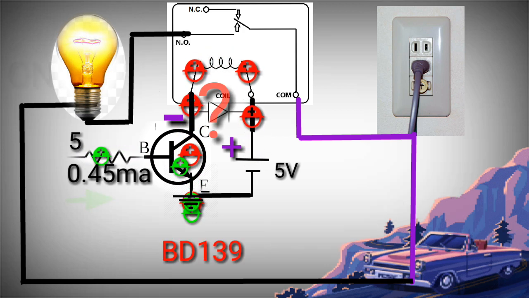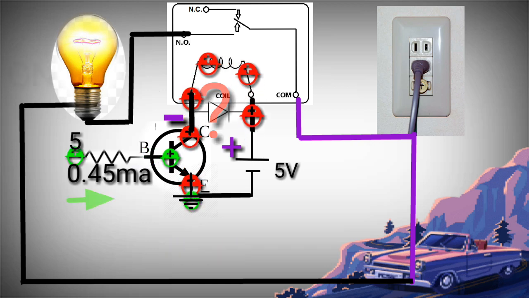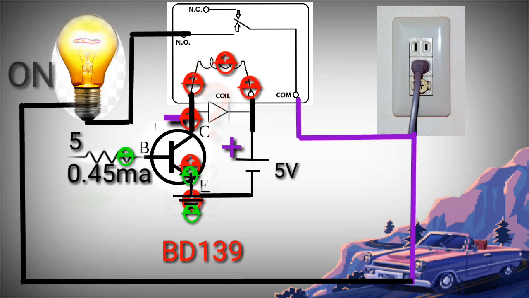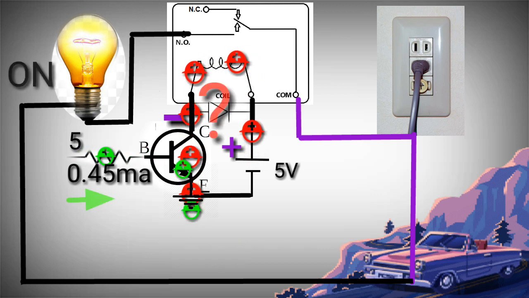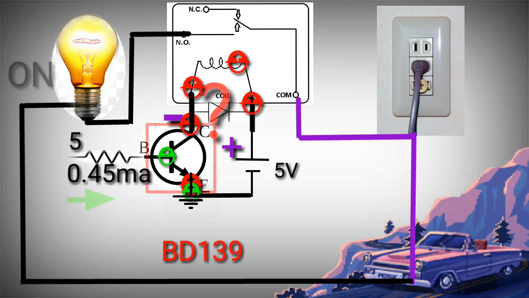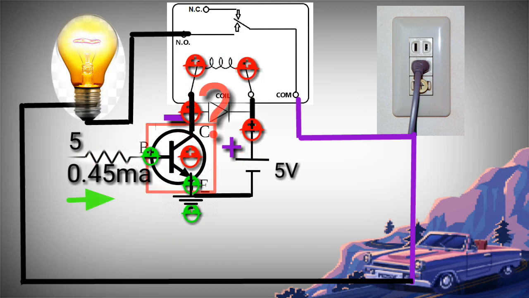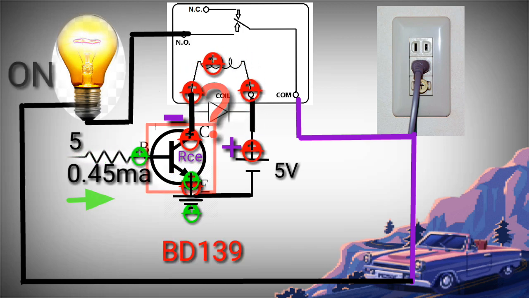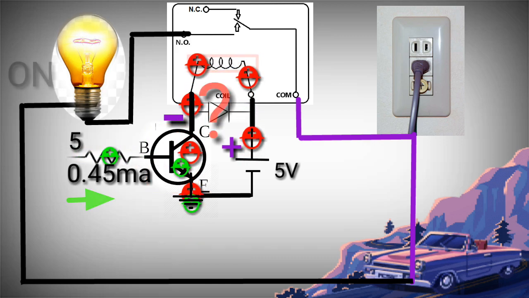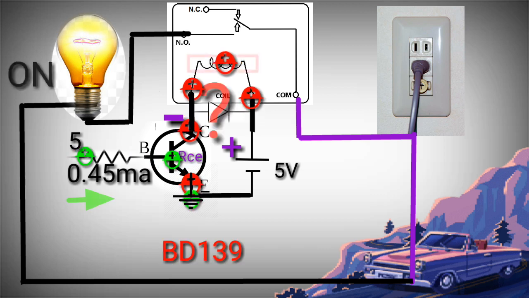What about the diode which is connected to the pin of the relay switch? The diode is used to protect the transistor from the back EMF from the coil of the relay switch when the power is turned off.